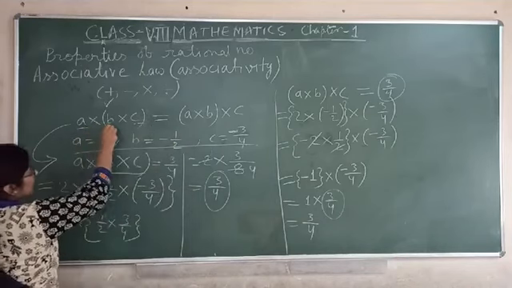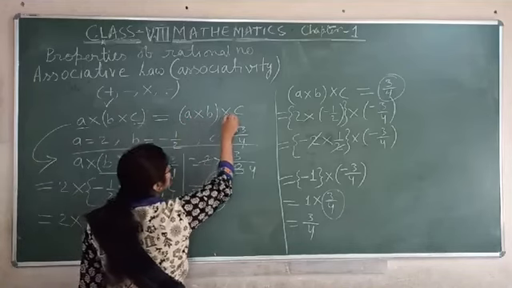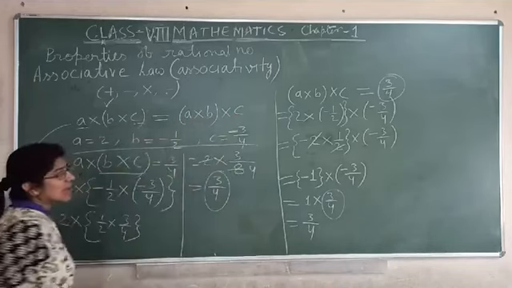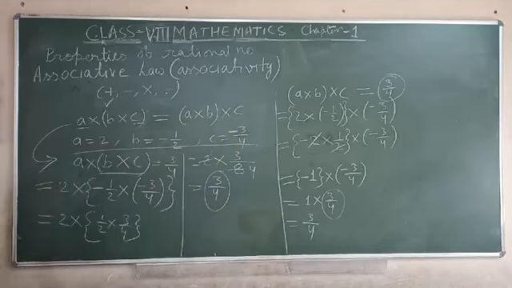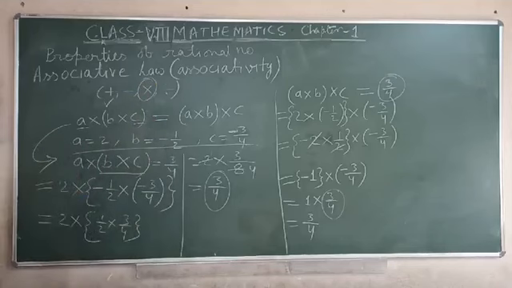A within bracket B into C equals within bracket A into B into C. Equal coming. It means the associative law of multiplication is applicable. You saw that it is applicable for addition but not applicable for subtraction.